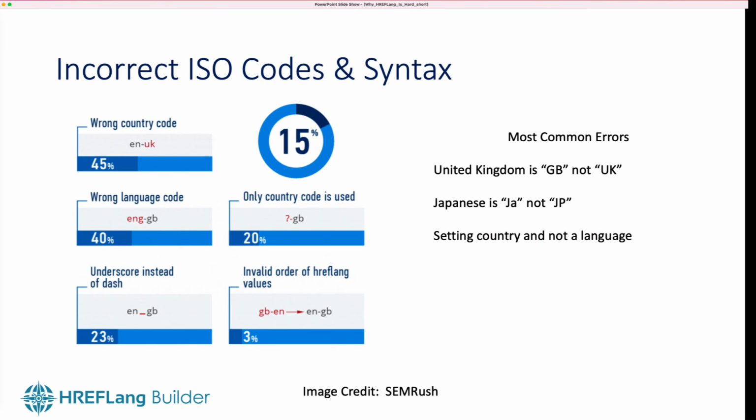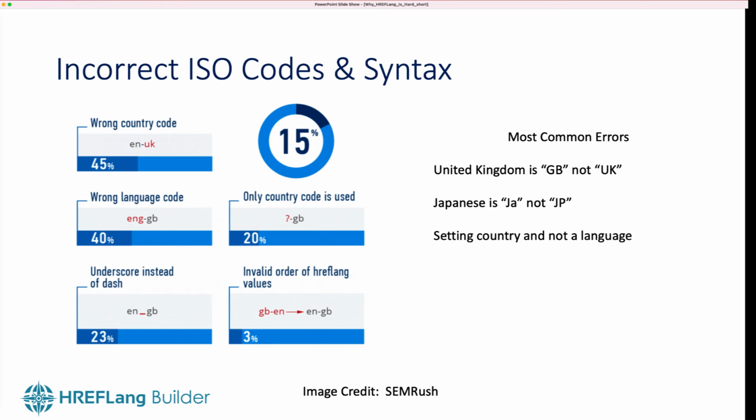One of these that stands out that should not happen is incorrect ISO codes and syntax. So people are either reversing country and language code, and a lot of times this is when you've built this into your CMS, or you've built scripts internally. Nobody took the time to check what the correct ISO country and language is.